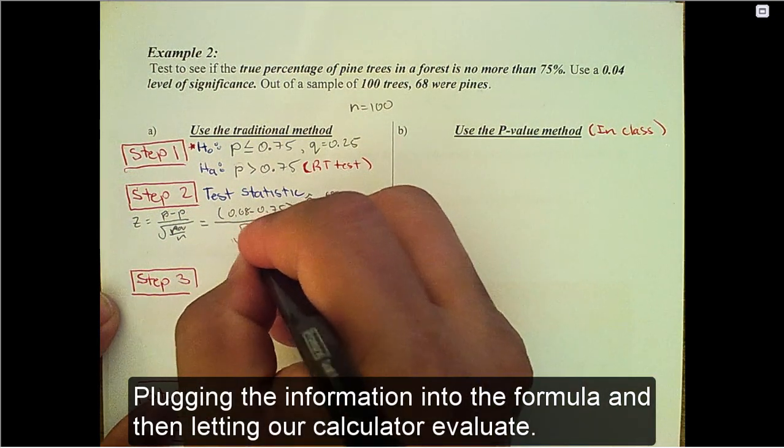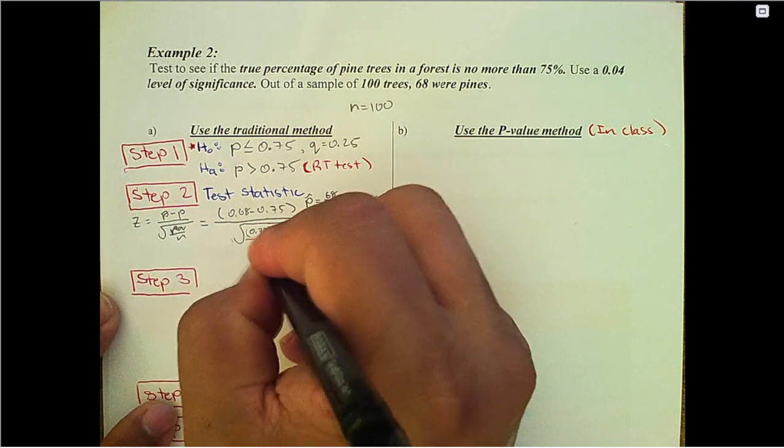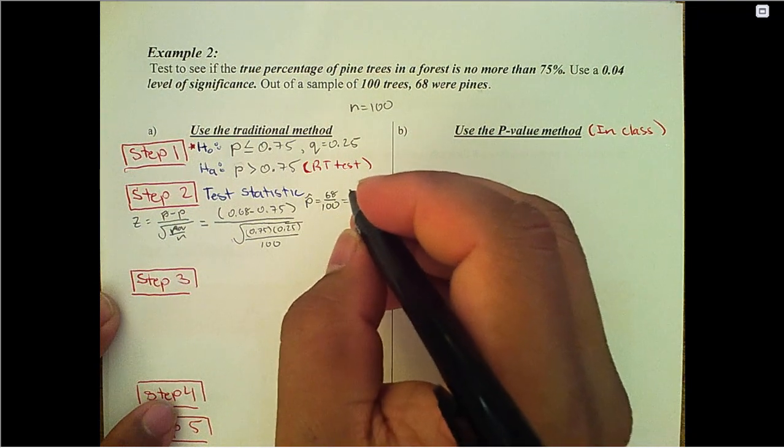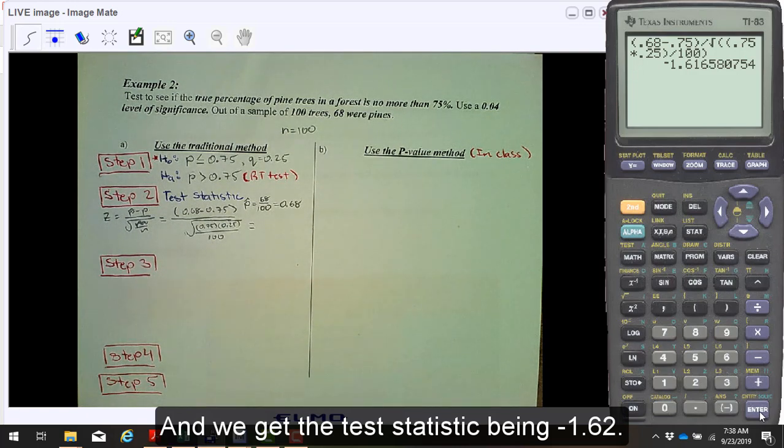Plugging the information into the formula and then letting our calculator evaluate. And we get the test statistic being negative 1.62.